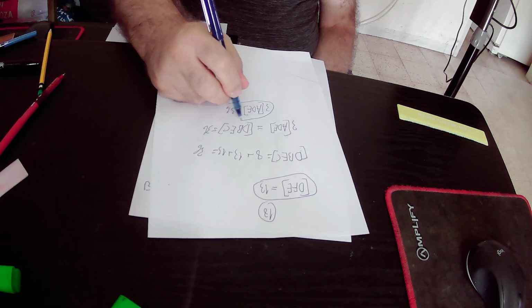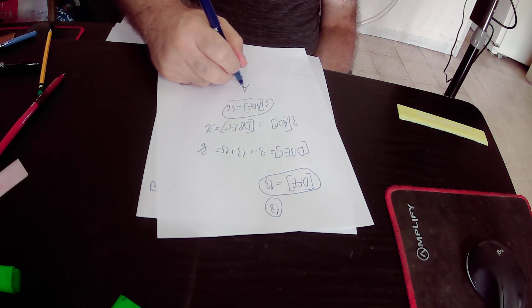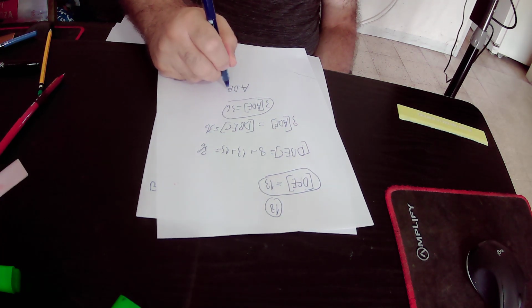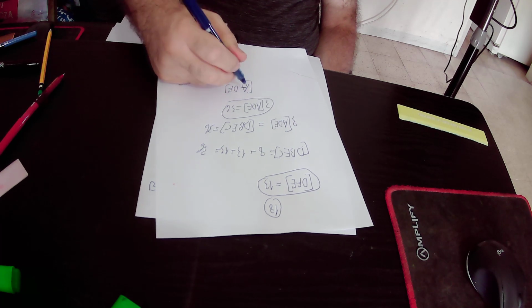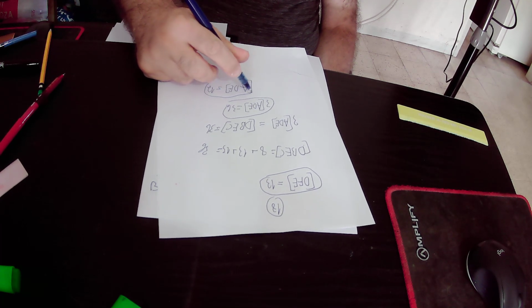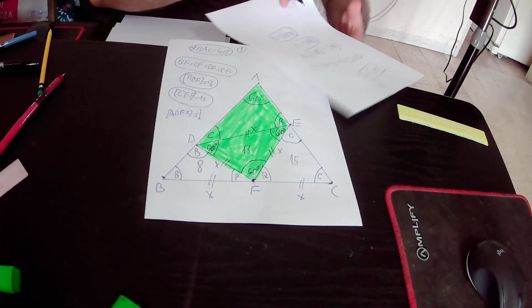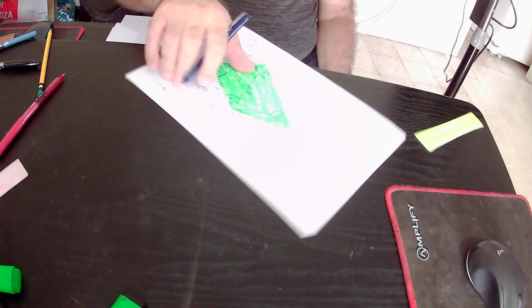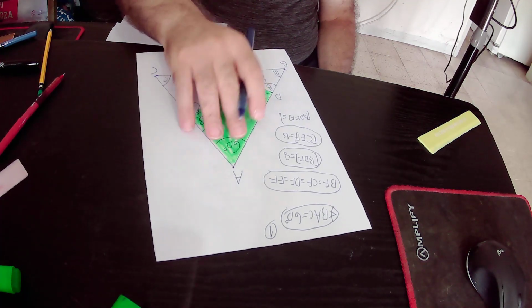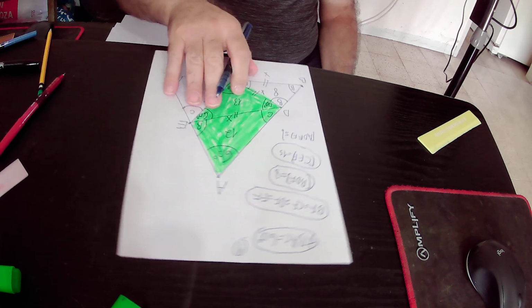Here we can divide this equality by 3 and we will get that the area of triangle ADE equals 36 over 3, which is 12 square units. Okay, so we found out that the area of triangle ADE equals 12 square units.